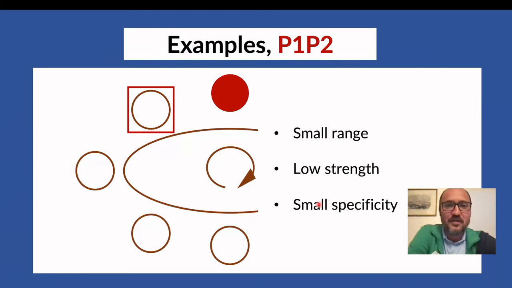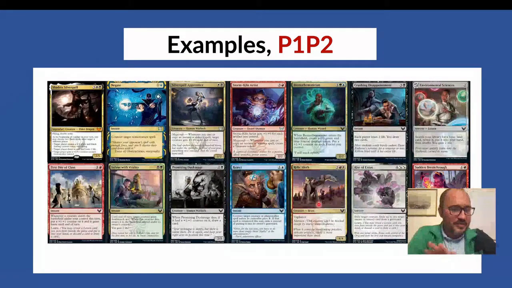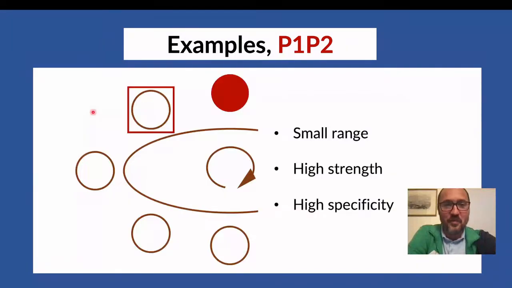Right. Now, this is the same pack, but I changed one small thing. And that one small thing is I put Shadrix Silverquill instead of one of the uncommons. Now, this is basically the same situation, but we have a much different piece of information. One uncommon is missing and Shadrix Silverquill is in. Here we have equally small range because we still know a decision made by one player.